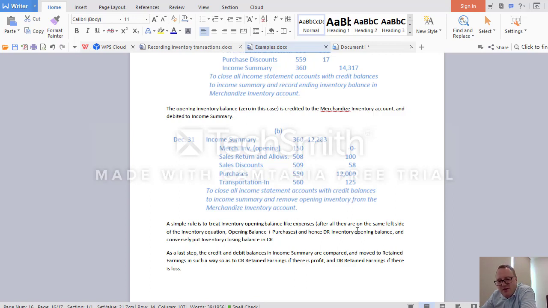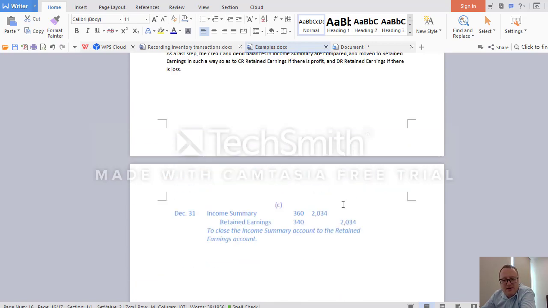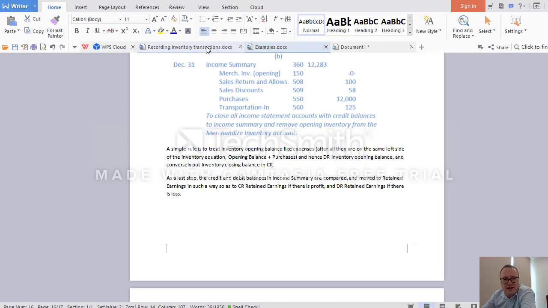After all, they're on the same side of the inventory equation, because the opening balance is on the same side as purchases, and therefore you will debit the inventory opening balance, and conversely you will put the inventory closing balance in credit. And as a last step, the credit and debit balances in income summary will be compared and moved into the retained earnings. Okay, so that's it for the inventory.